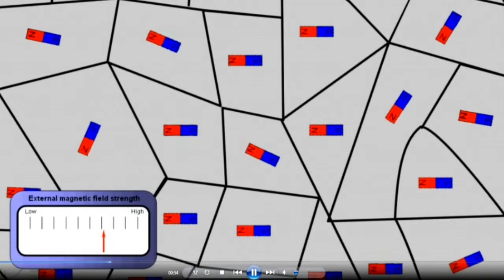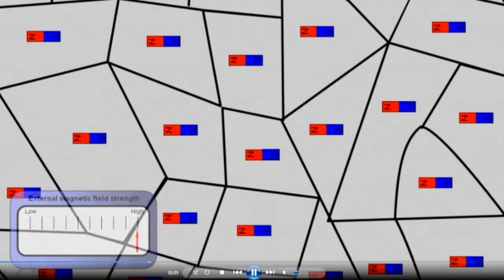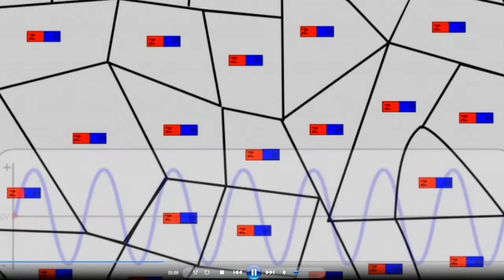When you use a compass needle and keep passing it around this magnetic material, you note that the north-south poles of these magnets keep on deflecting in various zones, the zones we are calling the magnetic domains.